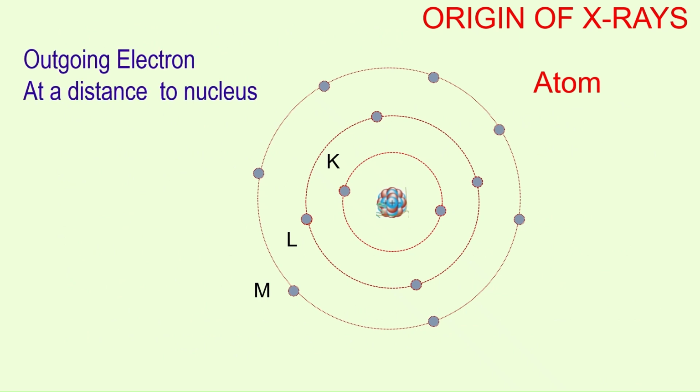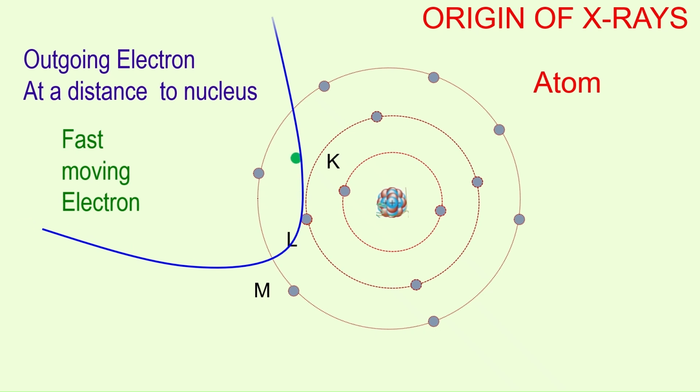Note here the movement of a fast-moving electron. X-rays come out by deflection and change in velocity of the electron.